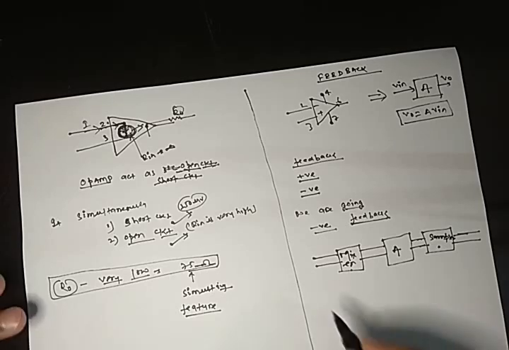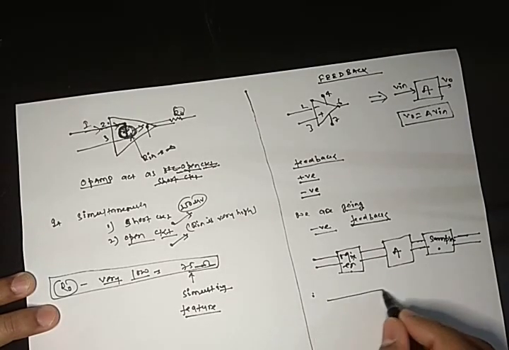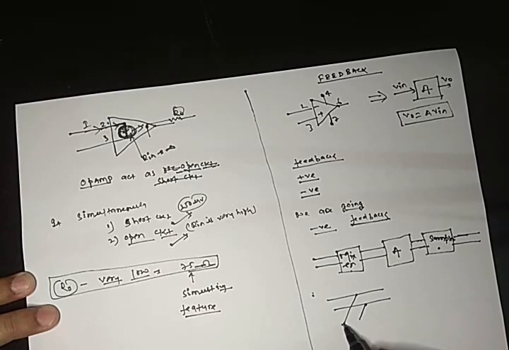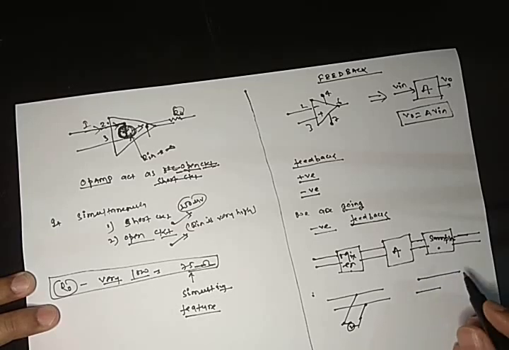Now we know one thing, that whenever there is voltage, if we want to measure the voltage, we just tap it parallelly and we connect a voltmeter across this. Now if we need to measure the current, then we put a series ammeter across this one.